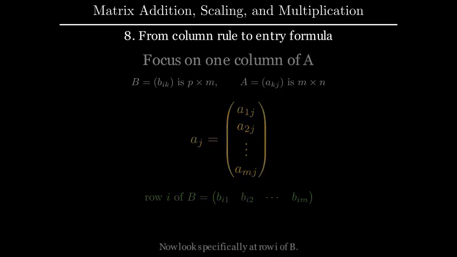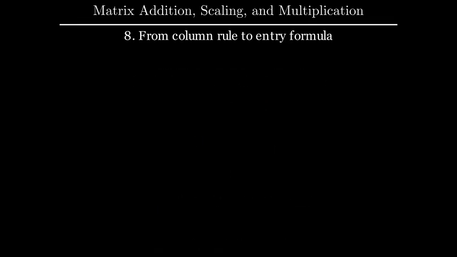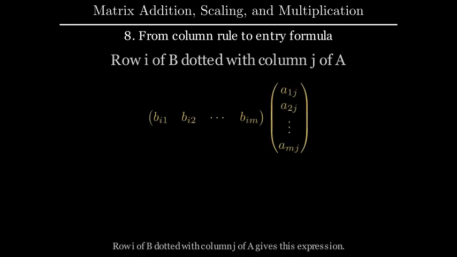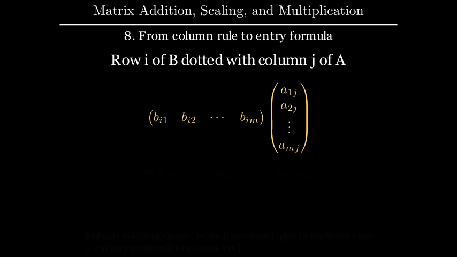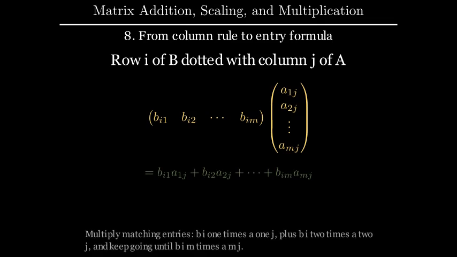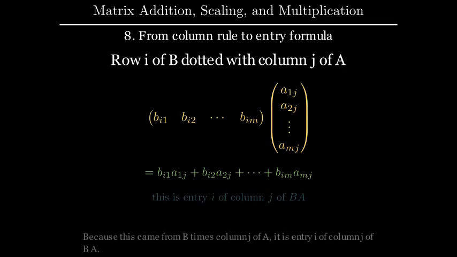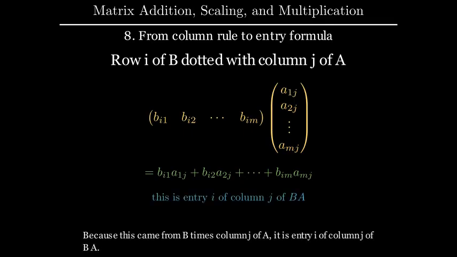Now look specifically at row i of B. Row i of B dotted with column j of A gives this expression. Multiply matching entries. Bi1 times A1j plus Bi2 times A2j, and keep going until Bim times Amj. Because this came from B times column j of A, it is entry i of column j of BA.